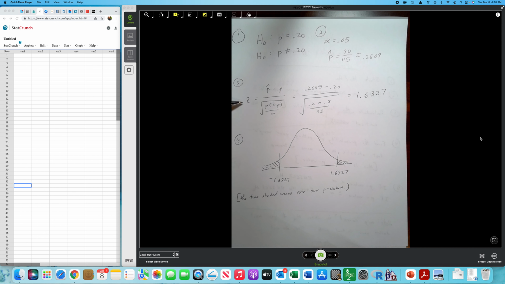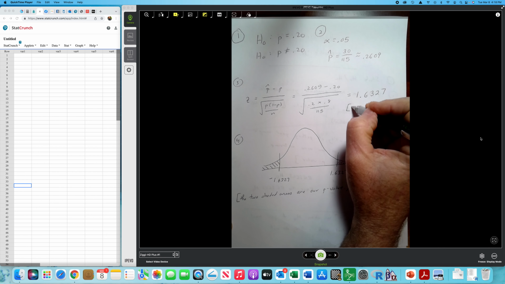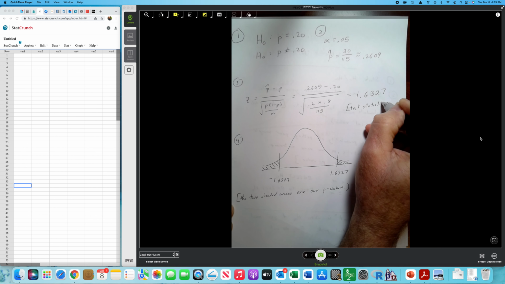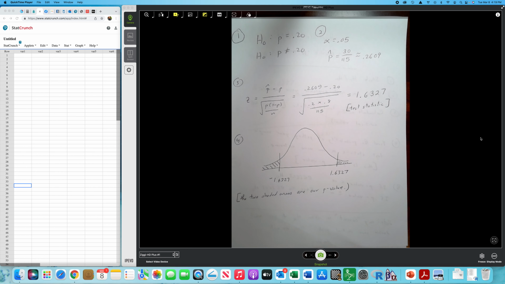Third thing, calculate the test statistic. That's going to be p hat, which is our 0.2609, minus our claim of p, divided by the standard error. And when I put that in my calculator, I get 1.6327. Notice this is our test statistic, not our critical value.